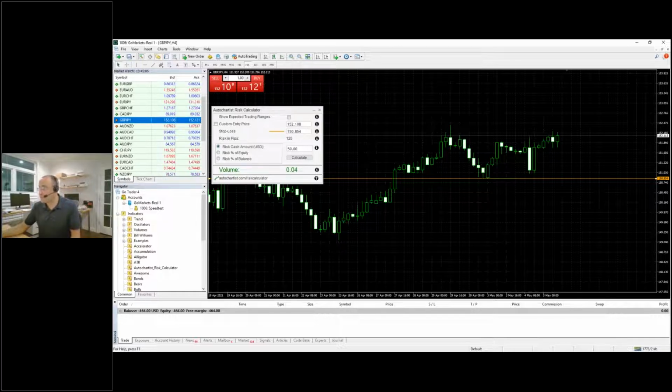Now, this is not only in US dollars. My account here is in US dollars, but if your account is in Aussie dollars or in euros or yen, the risk calculator would automatically adjust to the currency of your account, so you know how much money you're potentially losing on this trade.